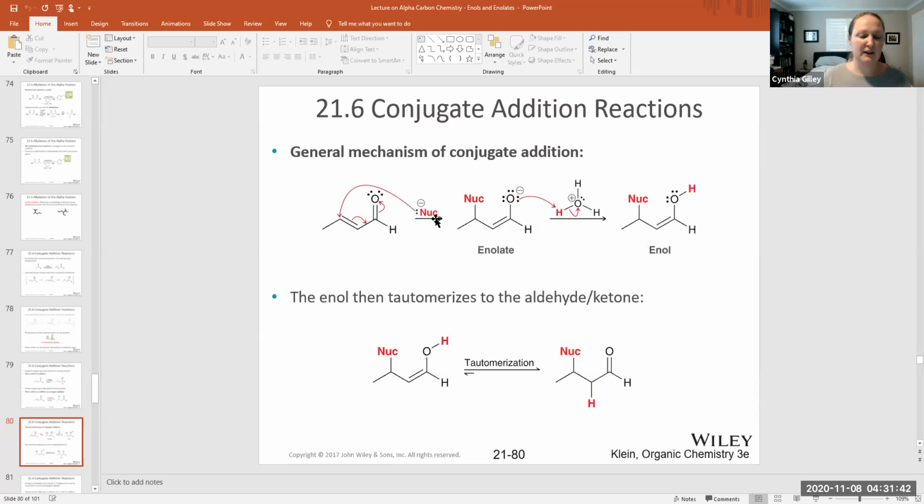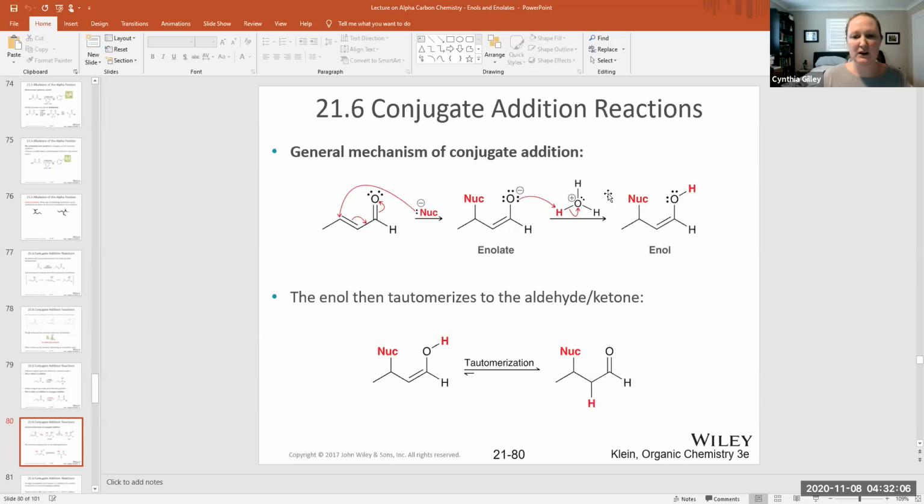So again, nucleophilic attack will preferentially occur at the more electrophilic carbon first. If the nucleophile is weak enough, it can also act as a leaving group and get kicked right back out. Eventually, it might do a nucleophilic attack on carbon 4, forming a more stable enolate intermediate, which can get protonated to form an enol.